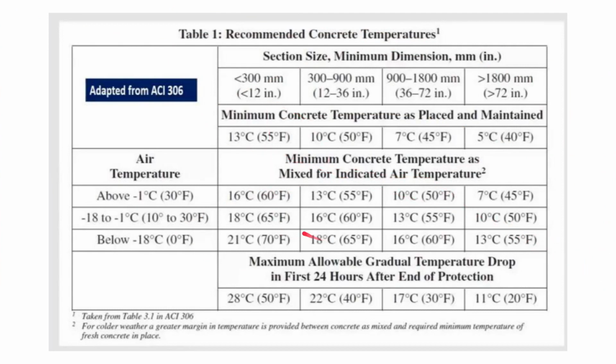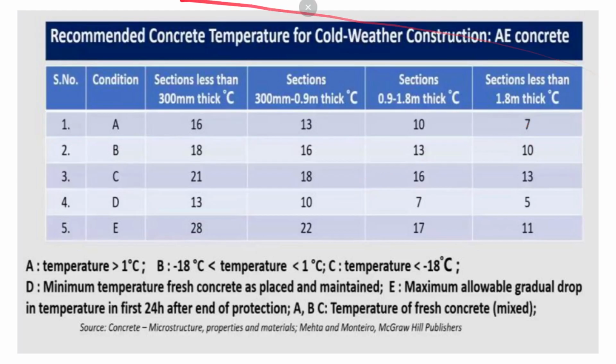As you can see, for larger section sizes the minimum concrete temperature can be reduced. That means the smaller the dimension, the higher the temperature of the concrete has to be. Also, the lower the air temperature, the higher the concrete temperature has to be. Both these factors have to be kept in mind.